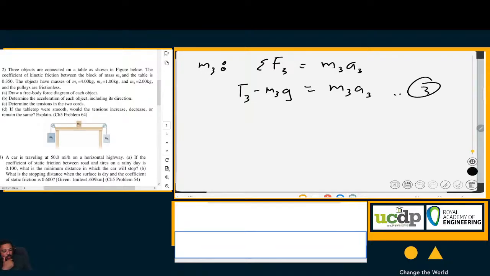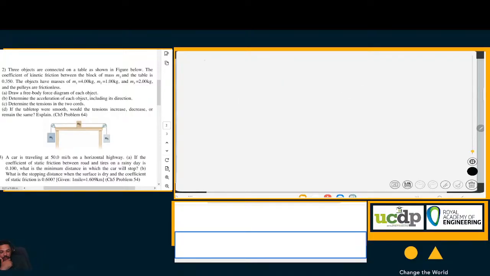Okay, so these 3 simultaneous equations are as follows. It should be T1, if I remember correctly, minus the mass of 1 times the gravitational acceleration, which is equal to the mass of 1 times the acceleration a1.